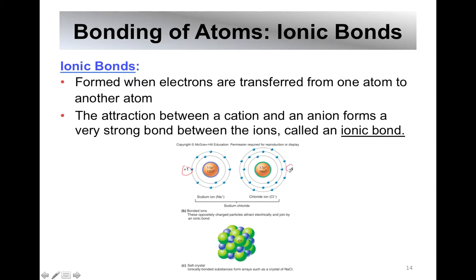Chlorine picked up the extra electron and got a -1 charge. And those two are going to be attracted to each other because a positive is attracted to a negative. So that's how we get sodium chloride, because of an ionic bond. A lot of salts are made this way. And it's a really strong bond because the positive is attracted to the negative.